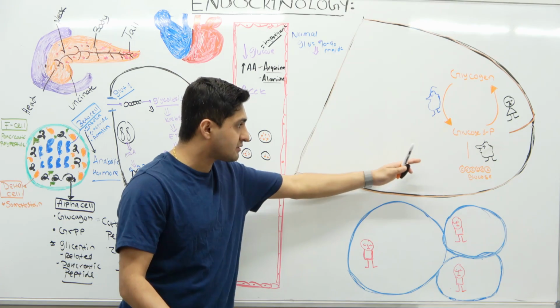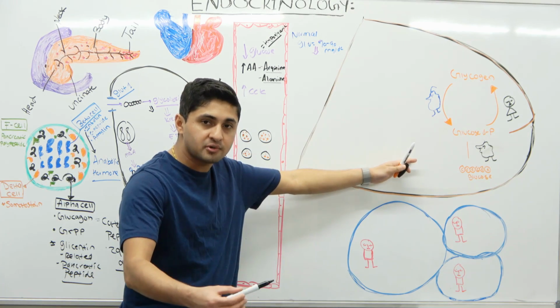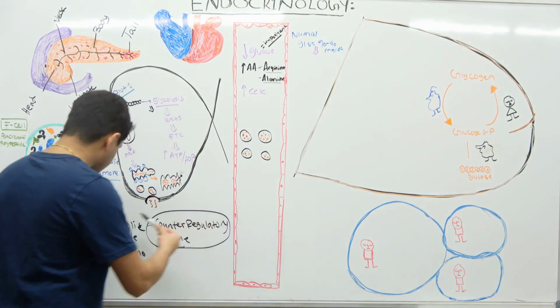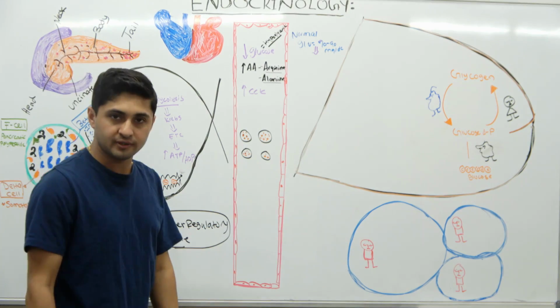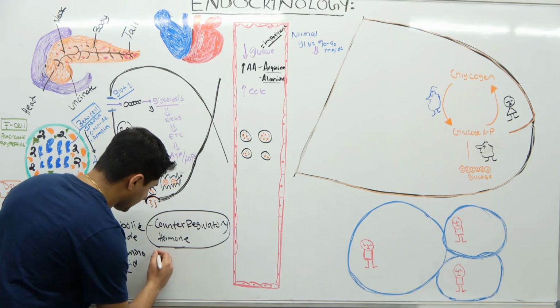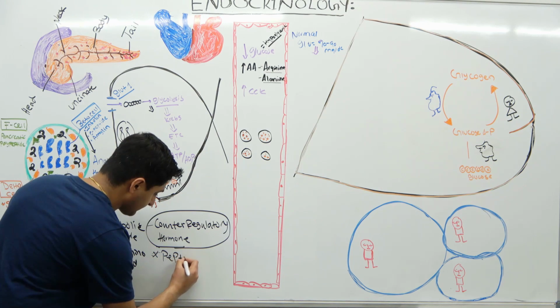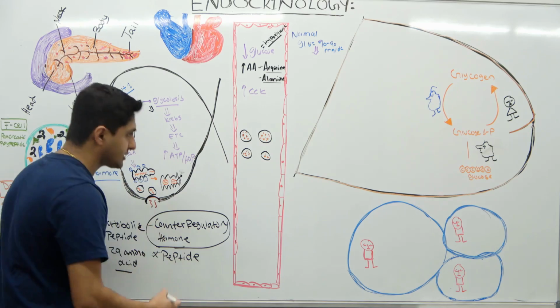With those catabolic processes it brings glucose into plasma, okay? So we call this a counter-regulatory hormone. It's a peptide hormone, as you guys know, and I said it's a catabolic hormone, right?